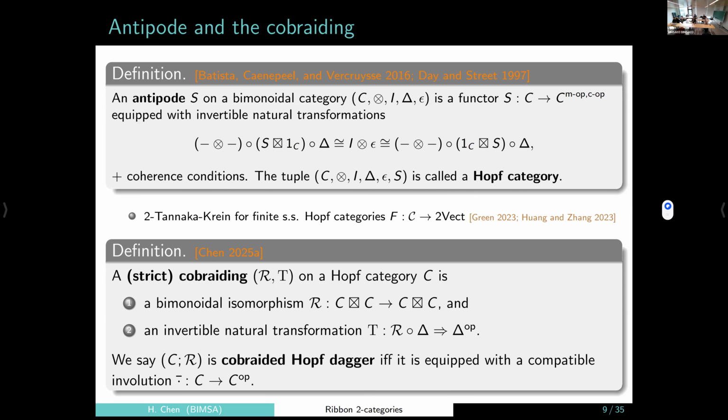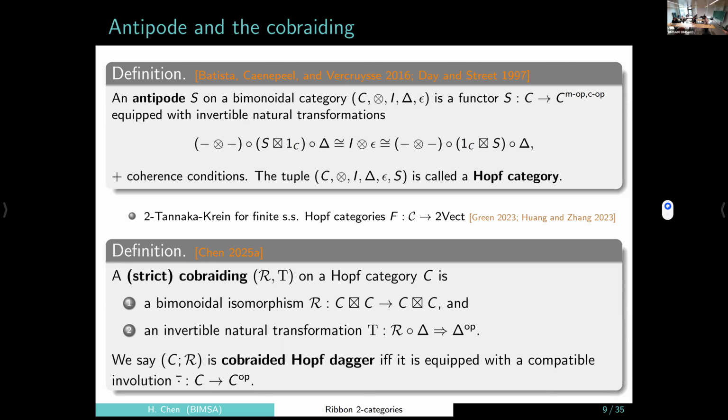There's a dagger structure in which I make all of the structure that I introduced dagger under this involution. And notice that S is op-monoidal, but this goes from C to C op. So from this point of view, you already see there are layers to the involution. Well, S isn't really an involution, but there are layers to the kind of stuff that you can do to a Hopf category, because you categorify.